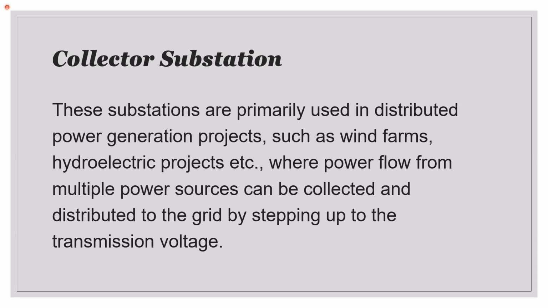The power flow from multiple power sources is collected and then distributed to the grid by stepping it up to the transmission voltage. So if you go to Wigton, you would see them with a small substation on site. You would see the little collectors along the ground, all right?